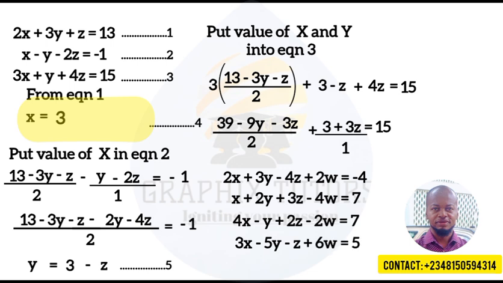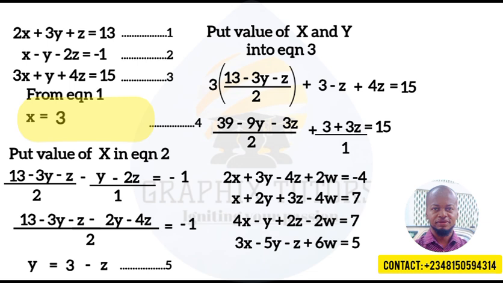The same thing applies. Let me just give you a tip. From equation 1, you make x the subject of the formula, and whatever you get, you put into equation 2. Now from that equation 2, after putting in, you now make y the subject of the formula. Remember, you've gotten x and y now. So you now put the value for both x that you've gotten before and y you've gotten now into equation 3.